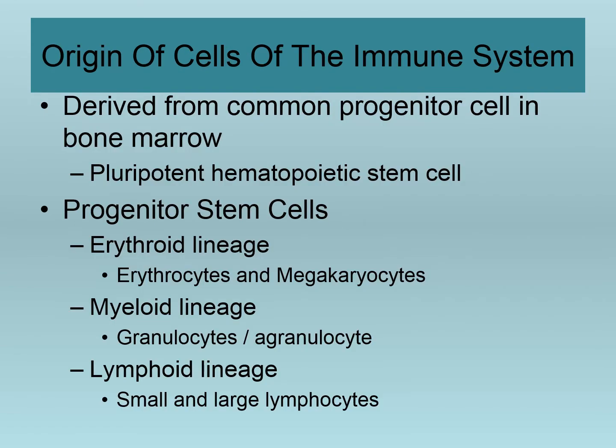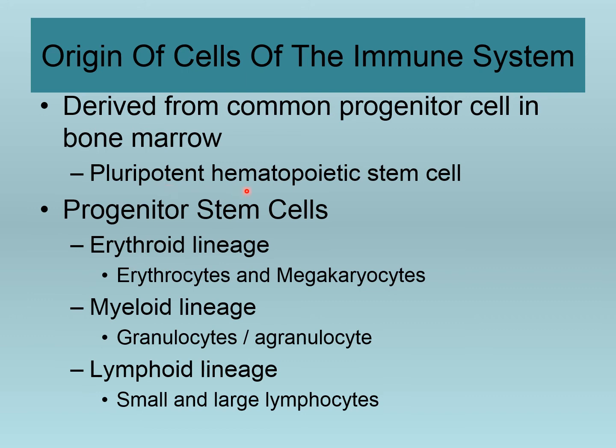All the cells of the immune system are derived from a common progenitor cell present in the bone marrow. This cell is called the pluripotent hematopoietic stem cell. Pluripotent means the cell has the ability to differentiate along a number of different pathways, and it can generate a number of different types of cells.